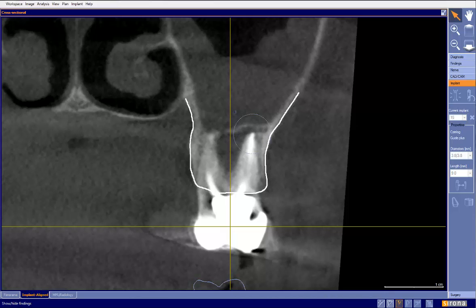Okay. Now I'd like to go ahead and draw out our tooth, and that'll be like so. So there's our tooth.